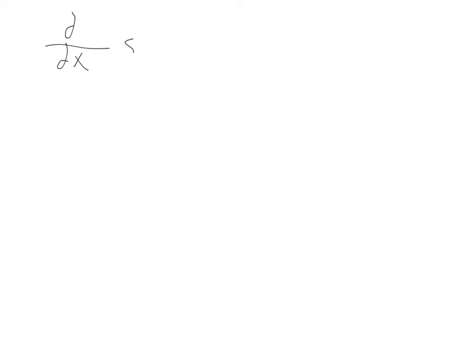In other words, if I want to find the derivative of sine 4x, well, the derivative of sine of an angle is the cosine of that angle times the derivative of that angle, giving us 4 times the cosine of 4x.